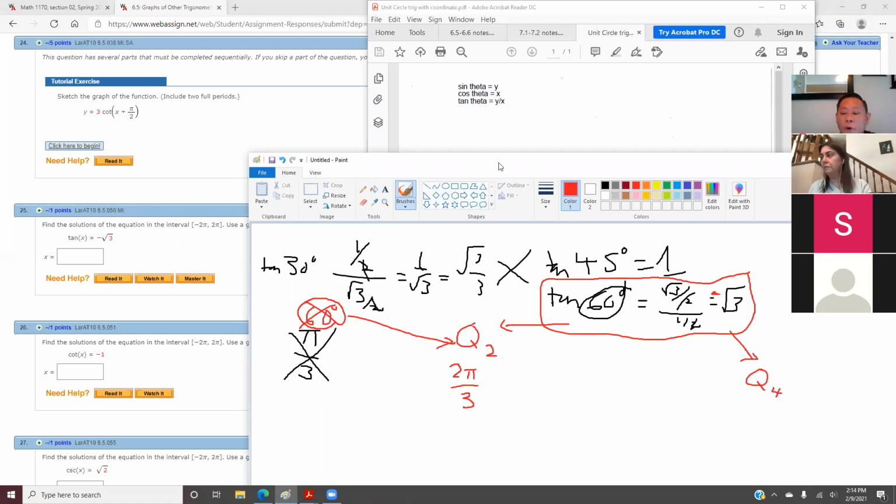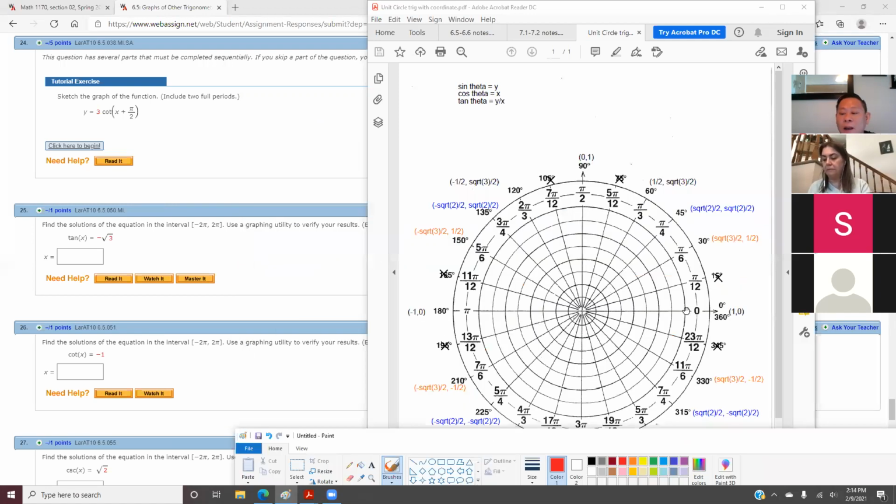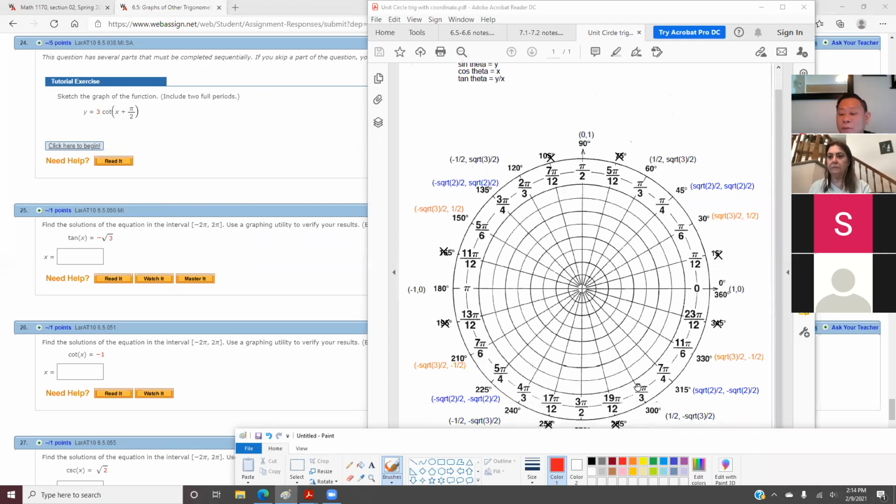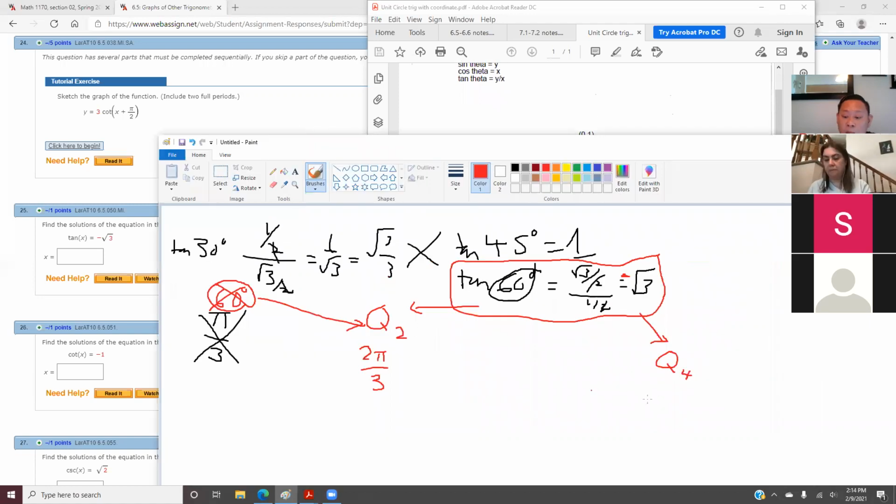And how about quadrant 4? Which one in quadrant 4 corresponds to 60 degrees? It's always over 3. So which one here is over 3? Which is 5 pi over 3. Okay. So you got 2 pi over 3 and 5 pi over 3, this is your answer.